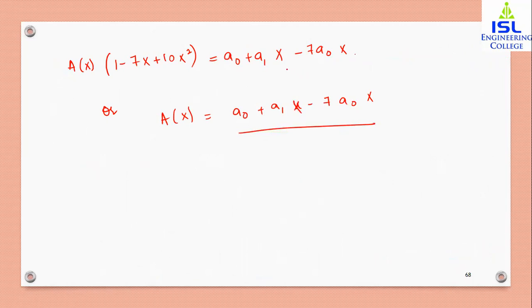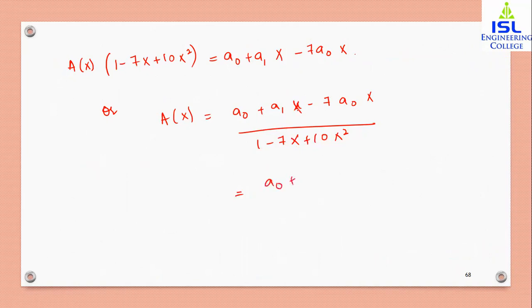And also, if you are using capital X, you have to keep on using capital X, or otherwise use small x for the entire problem. Don't change the capital X to small x while doing the problem. So this can be written as 1 minus, this is taken in the denominator. After that, what are the factors for this 1 minus 7x plus 10x square?